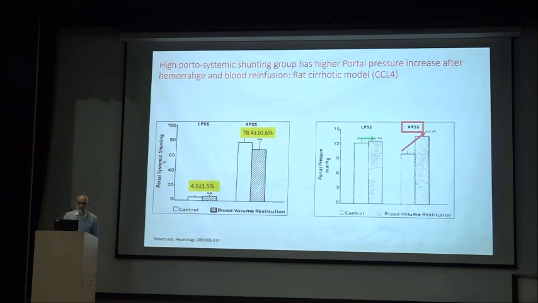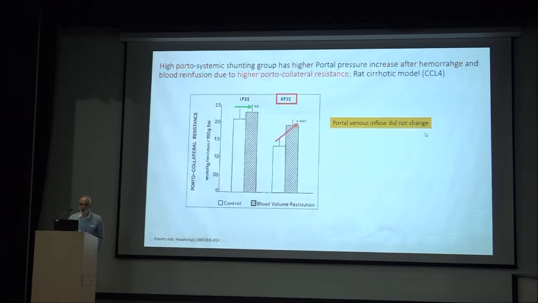So what happened here? After the blood infusion, in the low portal systemic shunting group, the portal pressure remained almost the same, but in the high portal systemic shunting group, the portal pressure increased after restitution.